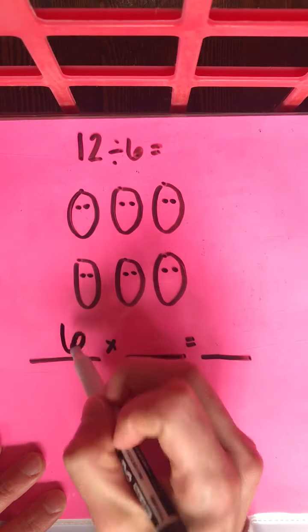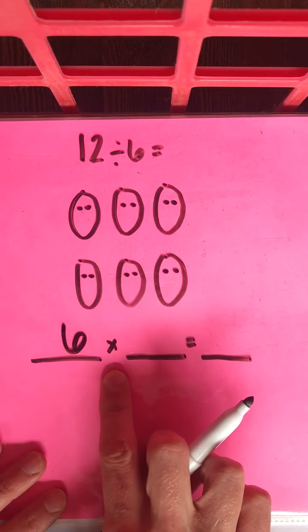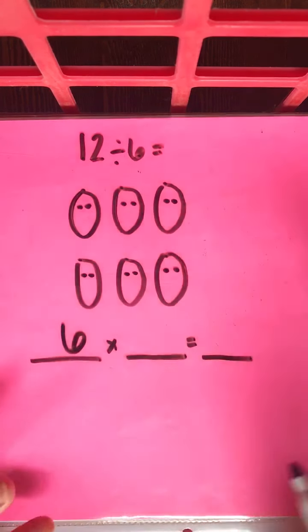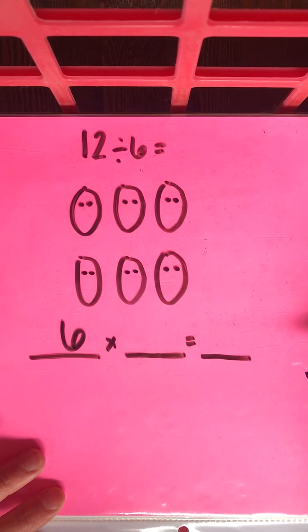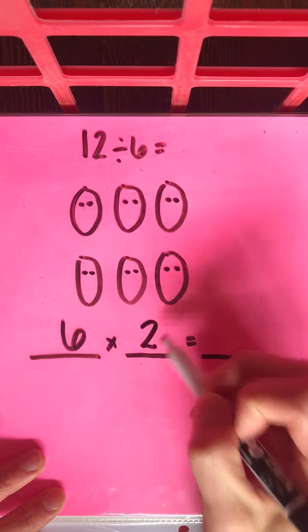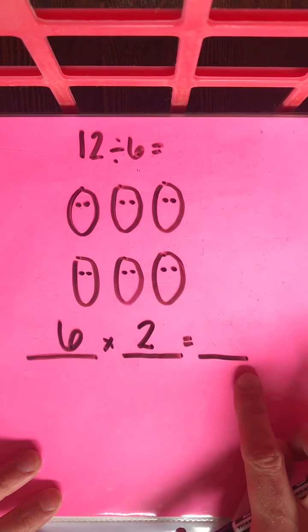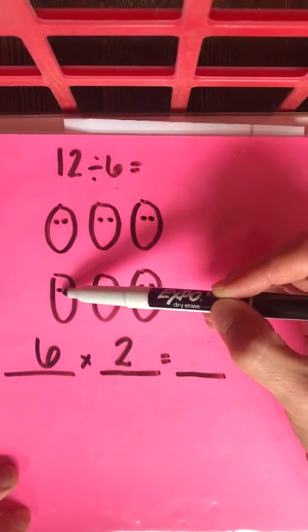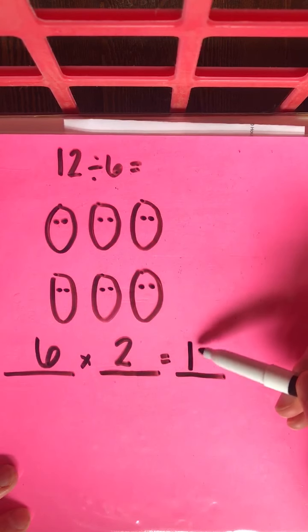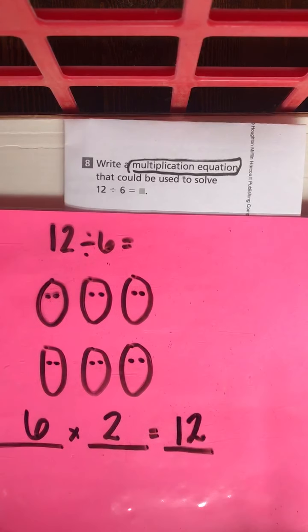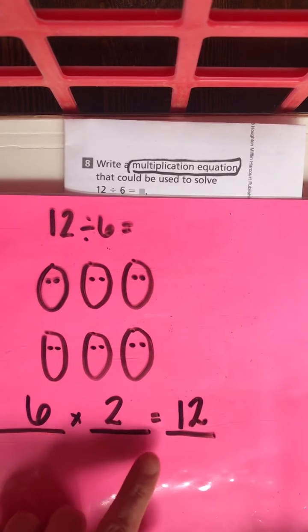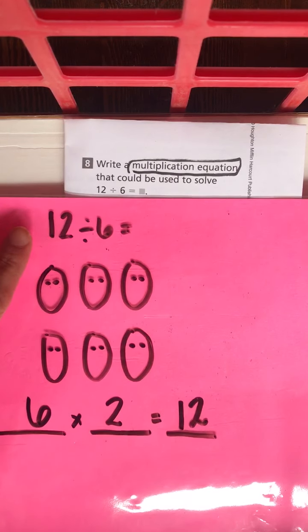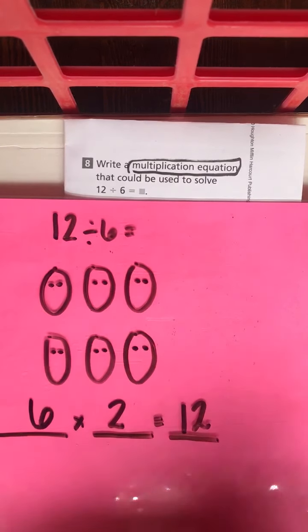Very good. So we have 6 groups of how many? Or how many are in each group? Very good. 2, right? So 6 times 2 equals, if you're not sure, we can count. 2, 4, 6, 8, 10, 12. Okay? So your multiplication equation is 6 times 2 equals 12. And you can see how it's related to our division expression up top.